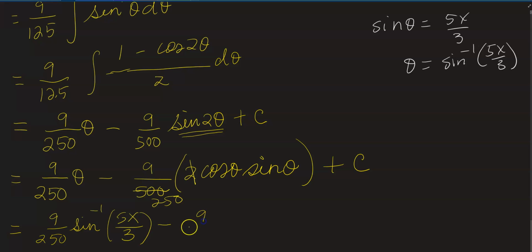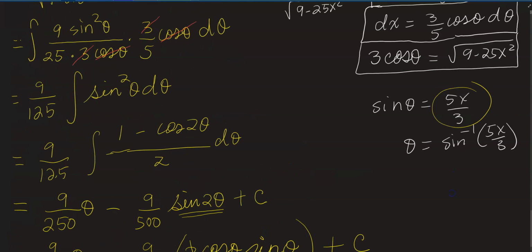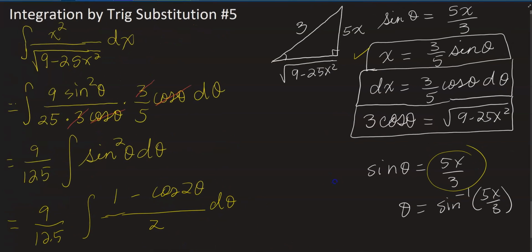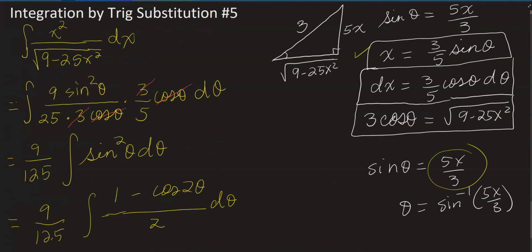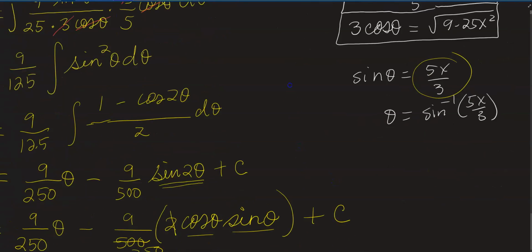Minus 9 over 250 multiplied by, I'm going to write down sine first because I see it right here, 5x over 3 multiplied by cosine. Let's remind ourselves of what cosine was. Cosine was adjacent over hypotenuse there.